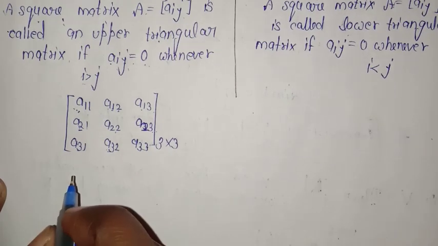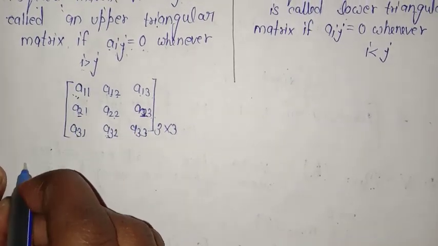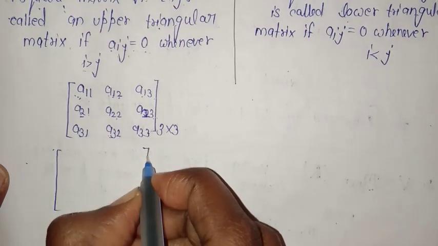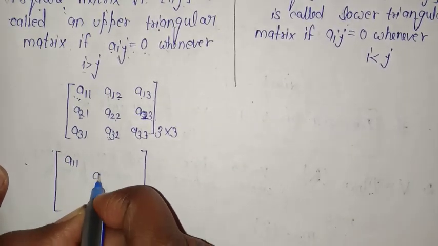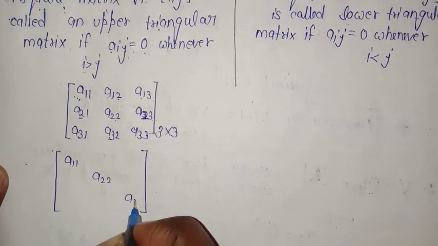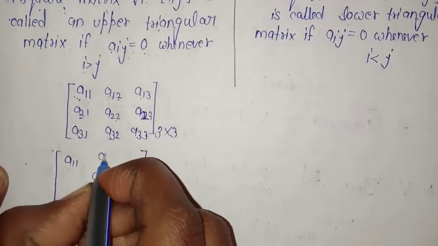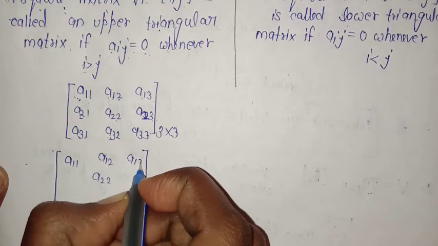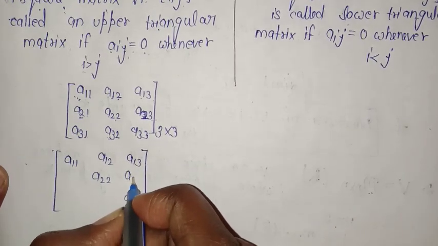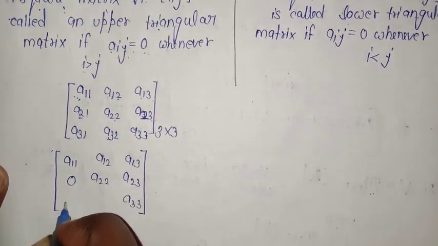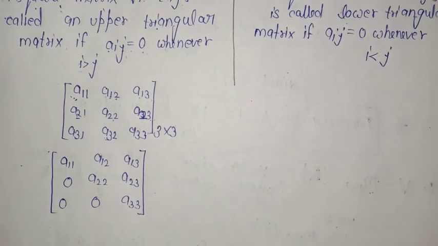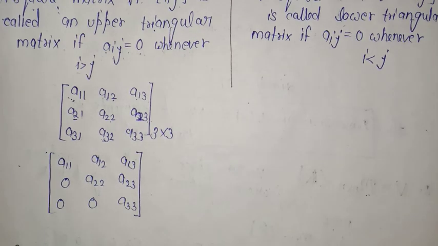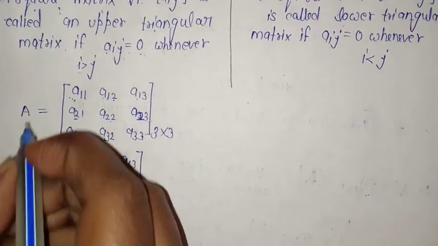By the definition of upper triangular matrix, the matrix becomes A11, A22, A33, which are the leading diagonal elements, then A12, A13, A23, and the terms below the diagonal become 0. So this type of matrix is called an upper triangular matrix.